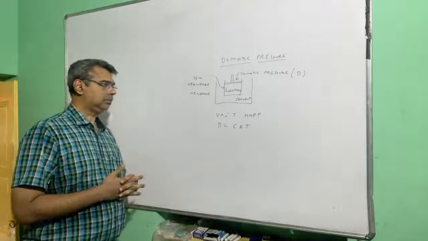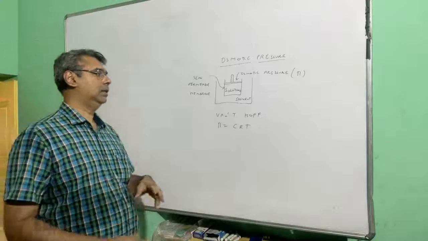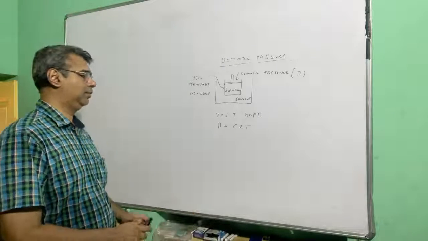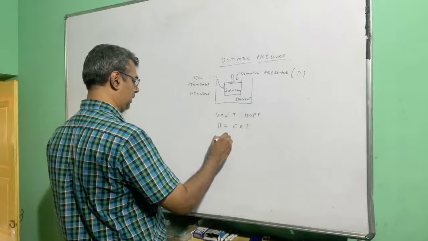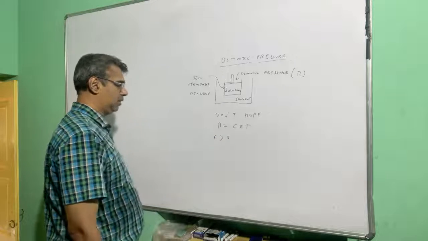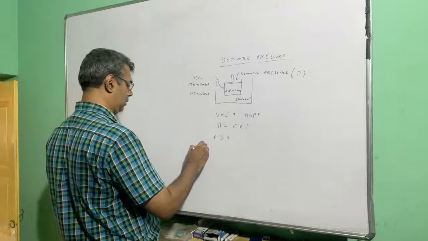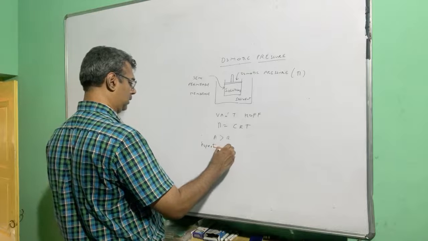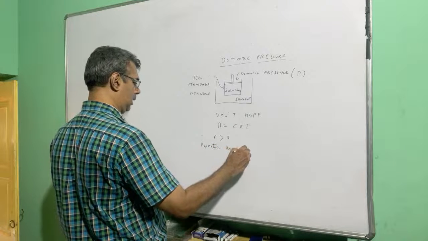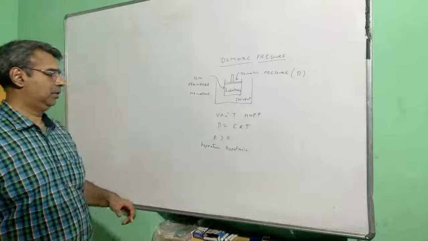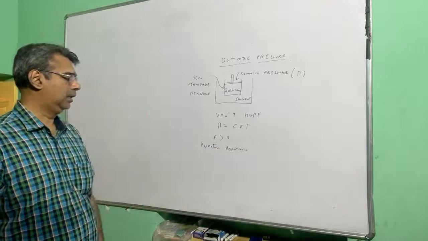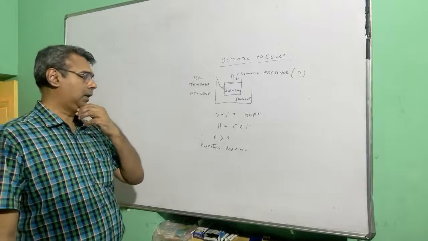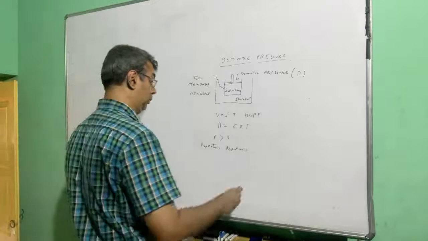As you may have understood, osmotic pressure basically depends on the concentration. If you have two solutions, let's say A and B, and the concentration of A is greater than B, then A is called hypertonic and B is called hypotonic.